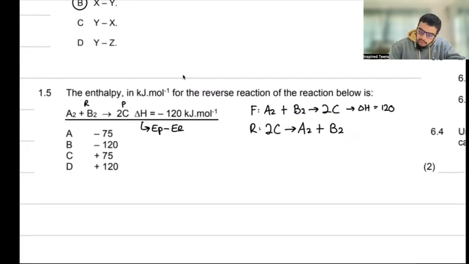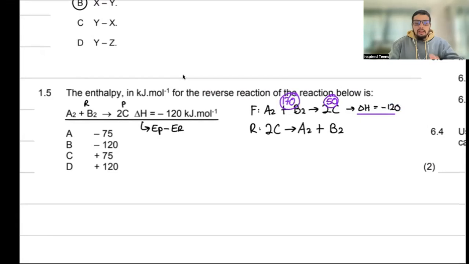So in order to get negative 120, maybe this was 50, and then this was 170. So when we said 50 minus 170, we got negative 120. Okay, I'm just giving random values.